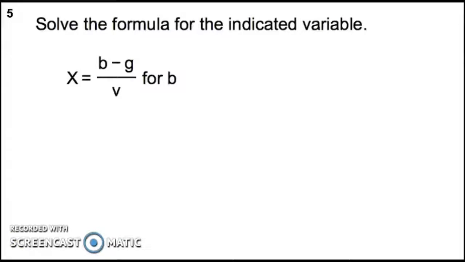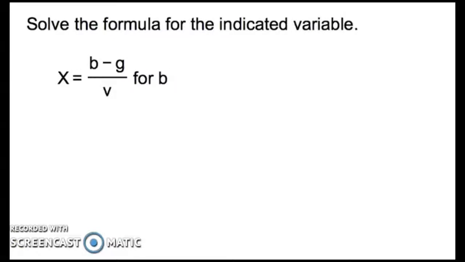Number 5. Solve the formula for the indicated variable. We have x equals (b minus g) over v, and we're solving for b. So let's highlight the b, so we know everything else has to move away from it. Seeing how this is in a fraction, we should get rid of that fraction first. To do that, we cross out the v and bring it to the other side and multiply it to x.